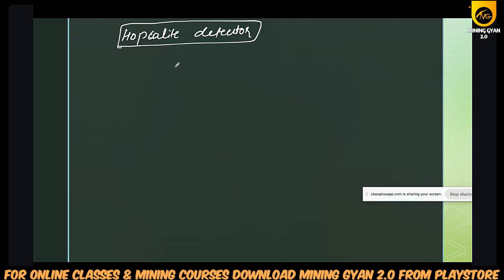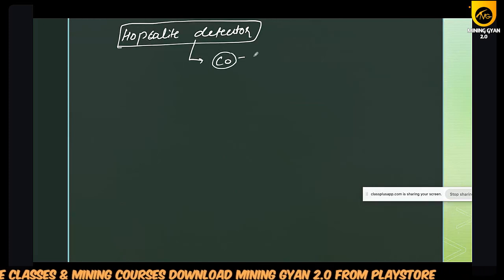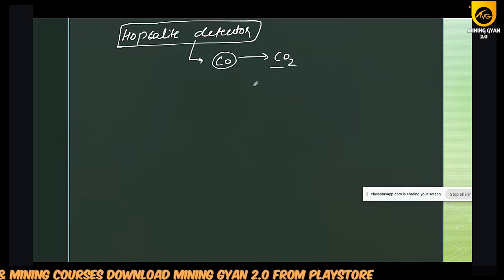In the Hopcalite detector principle, oxygen in this converts CO into CO2.